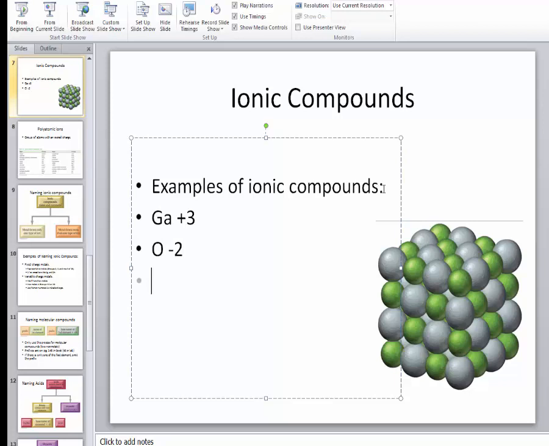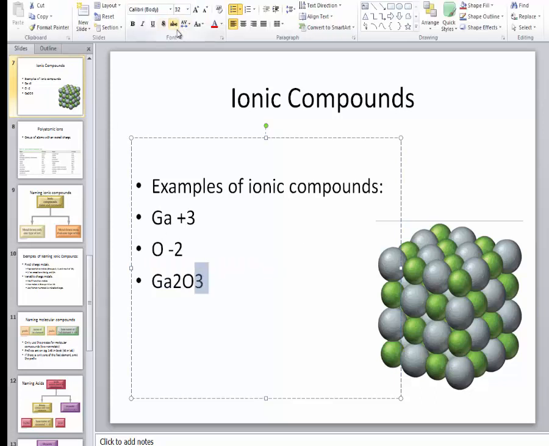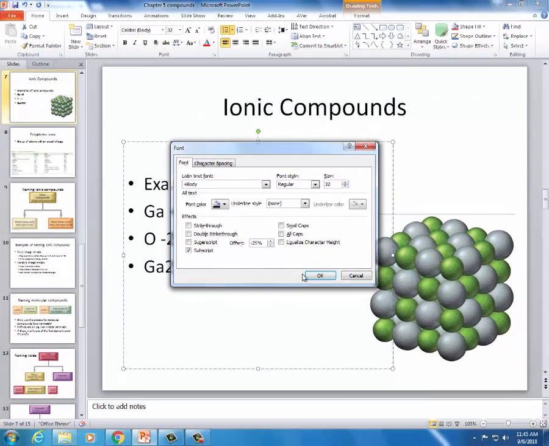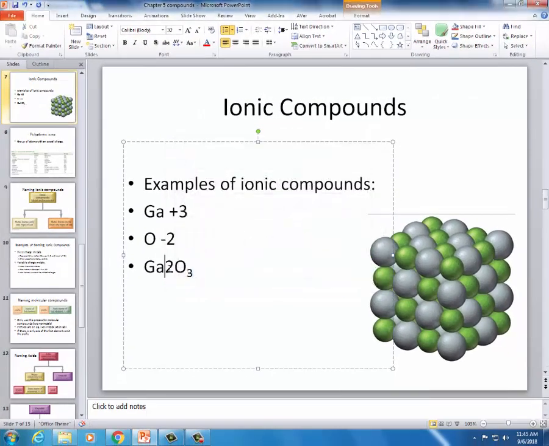So how we make this work, the charge of one is a subscript of the other, so we have Ga2O3. I'm going to make these some subscripts. I should make superscripts for the charges. I'm not going to take the time to do that right now, though.